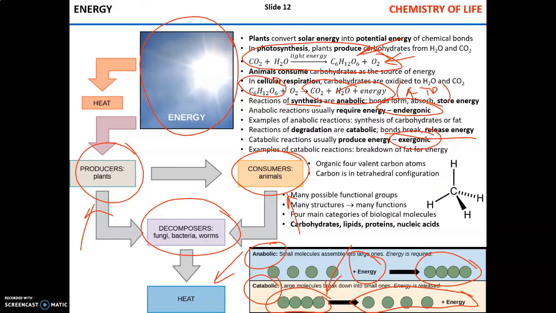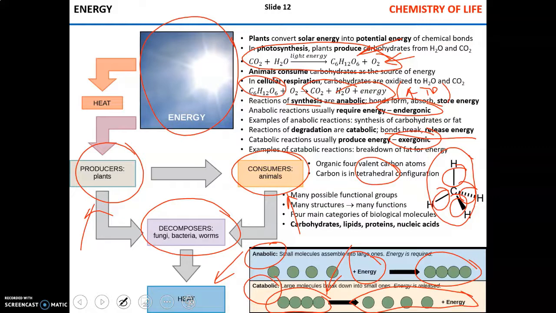Now, how do we know that a certain compound is organic or inorganic? In an organic compound, carbon has four valence bonds, and these bonds are oriented in a tetrahedral configuration.